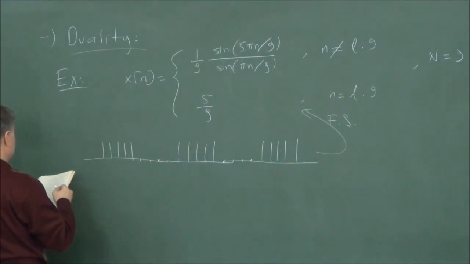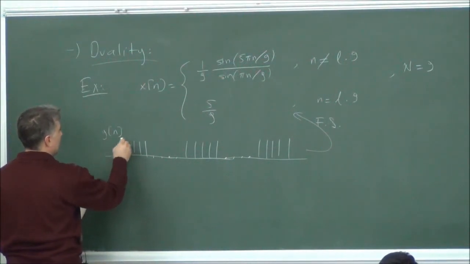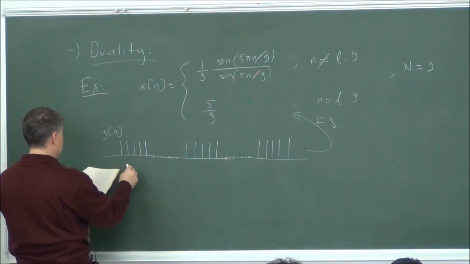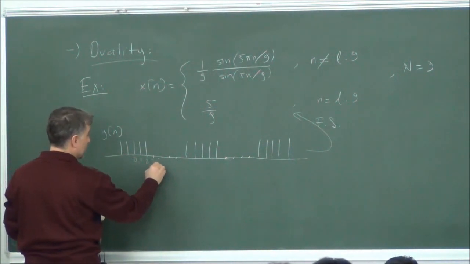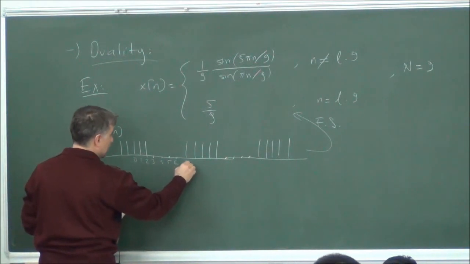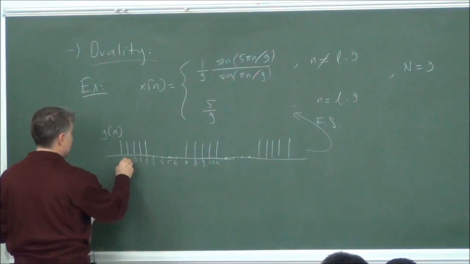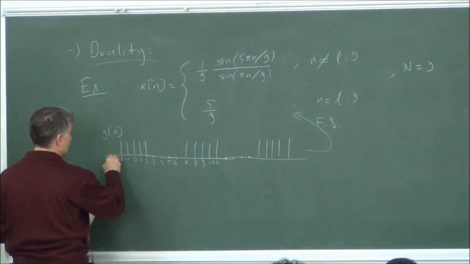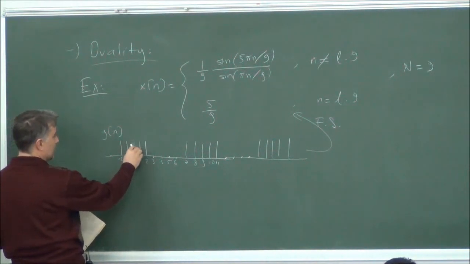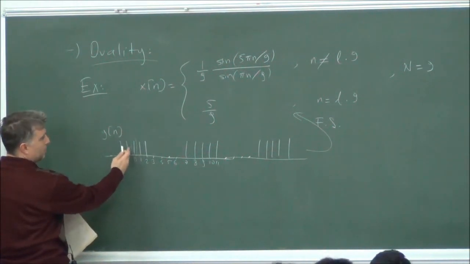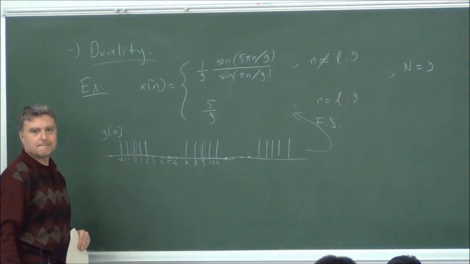And I'm going to call this signal g of n. g of n is this. And here it is 0, 1, 2, 3, 4, 5, 6, 7, 8, 9, 10, 11, etc., -1, -2. And it goes on like this. So as you see, the period is 9 because this central 1 point is repeating itself here. Exactly.